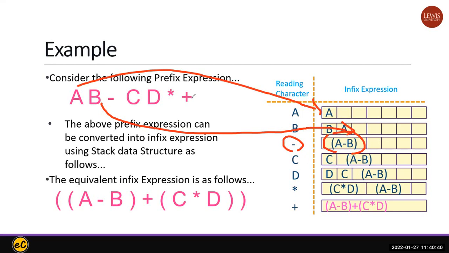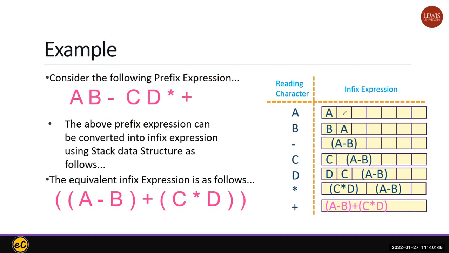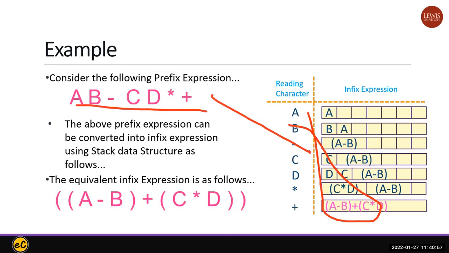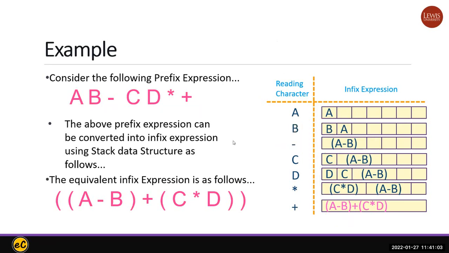Then you see another one, a plus sign, you pop them both out and insert this one. Remember, this push and pop doesn't happen on the tail, it happens on the head. So this one is the way that you convert your postfix to infix. But remember, the push and pop now actually is at the head, not at the tail side.